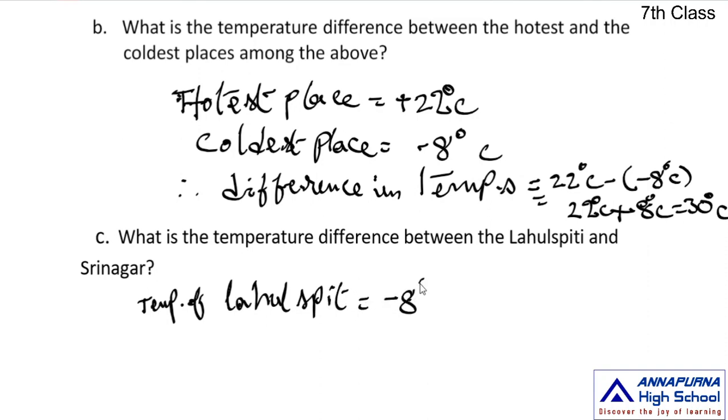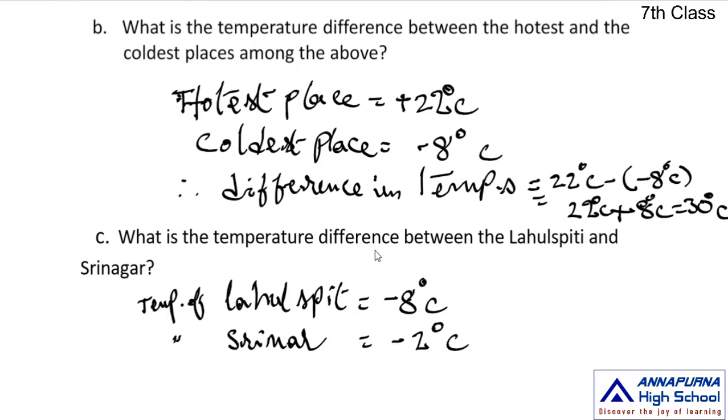Minus 8 degrees centigrade. And what is the temperature of Srinagar? You observe the number line. By using that one only we can write the temperatures.